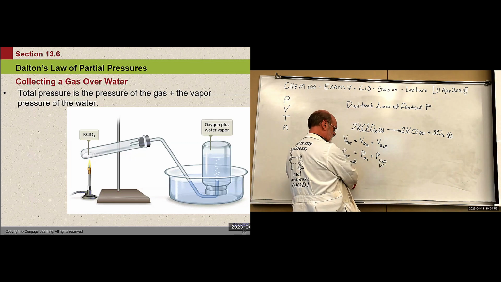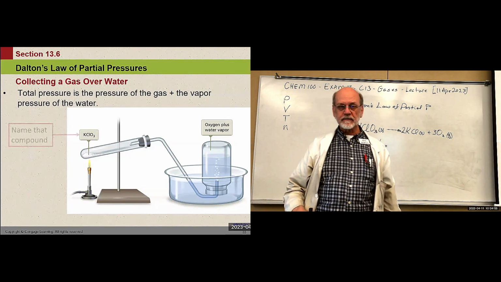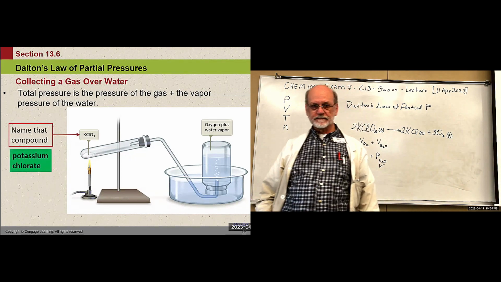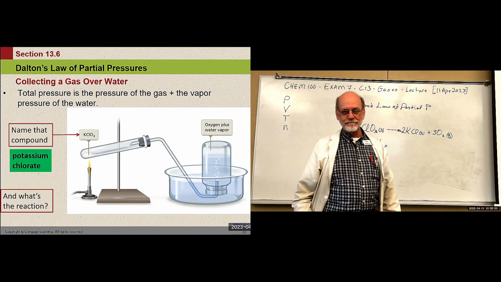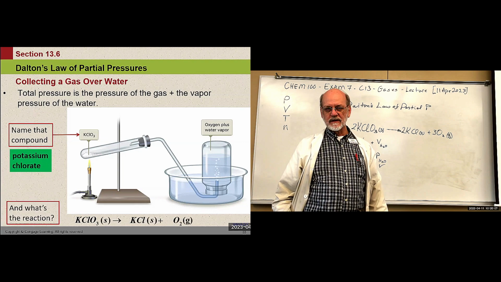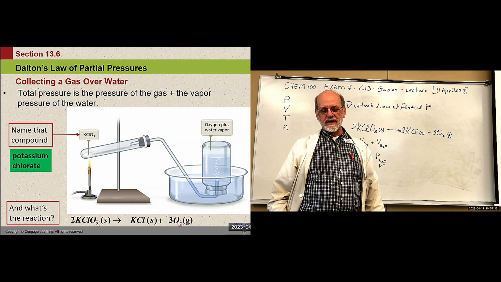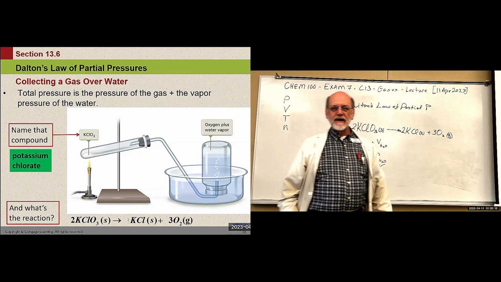And we subtract that from this one and we get the pressure of the oxygen. Okay, there's the reaction I just drew on the board. There it is, balanced. Okay.